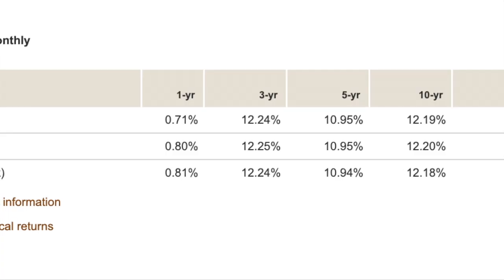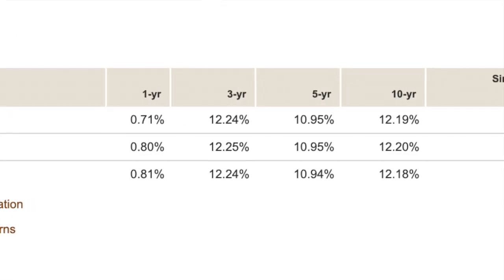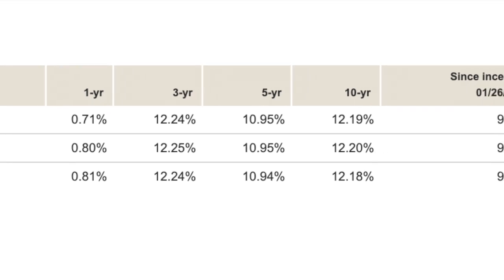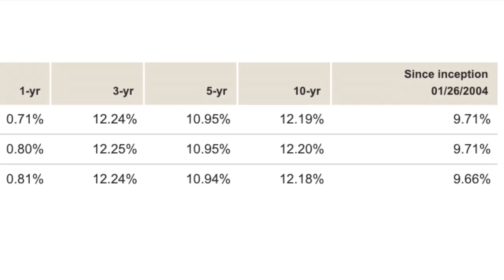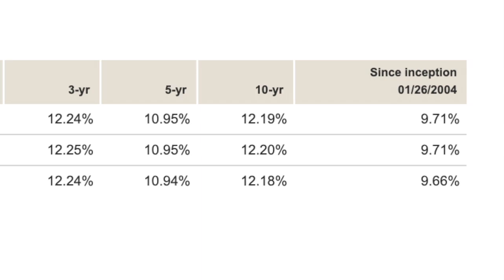And you could see this in the market if you're paying attention to how companies are moving. Small caps have been really crushed just most recently here in 2022. And that's reflected here on this chart. But overall, since inception back in 2004, the Vanguard Small Cap Index ETF has returned 9.7%.